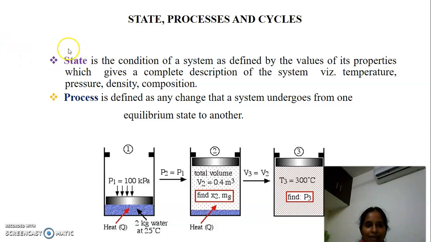Like that, what is the state of the system you are considering at a particular time? It is the condition of a system as defined by the values of its properties, which gives a complete description of the system. A process is defined as any change that a system undergoes from one equilibrium state to another.